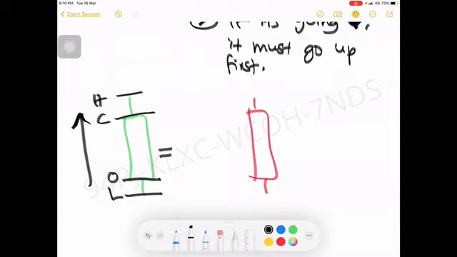Okay, so we can translate this into a line chart. From the open point, it's going to go to the low.